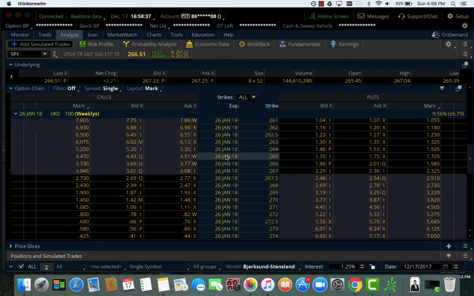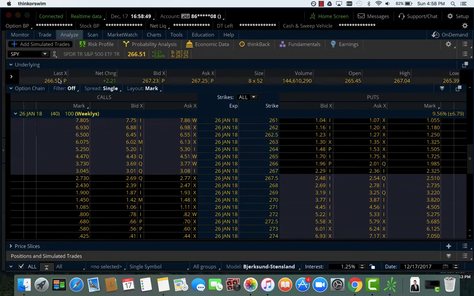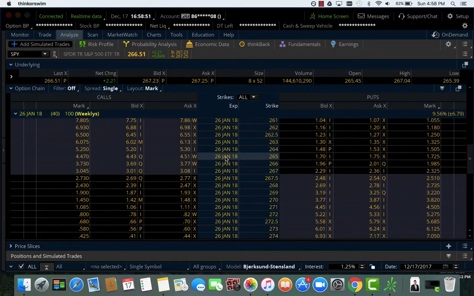We know that the 265 call is an in the money call, and the reason we know is because the price of the stock, 266.51, is above our strike price of 265. So again, at expiration, owners of in the money calls will be the owner of 100 shares of stock for every in the money call they own at the strike price of those options.